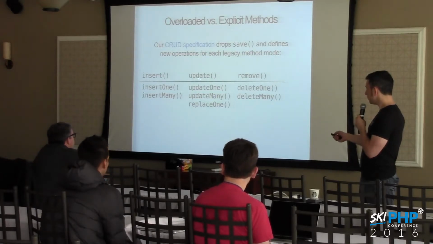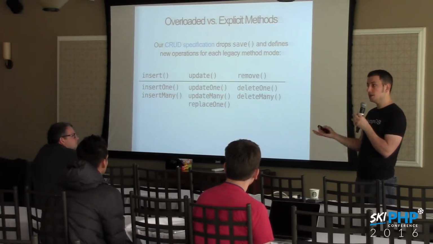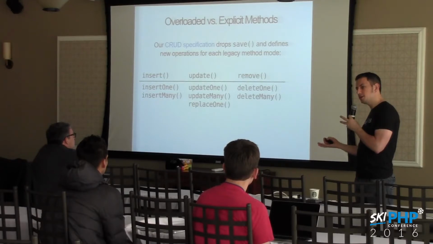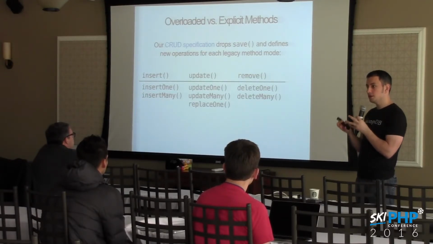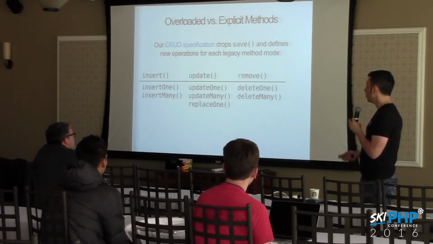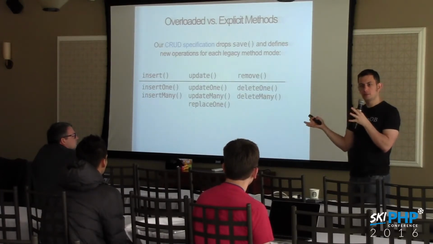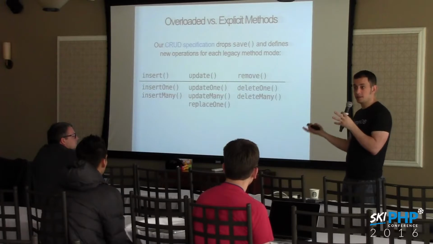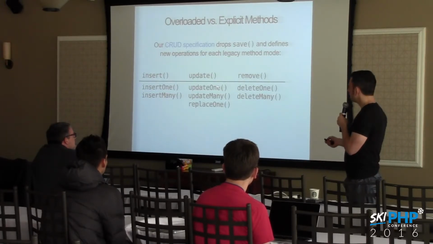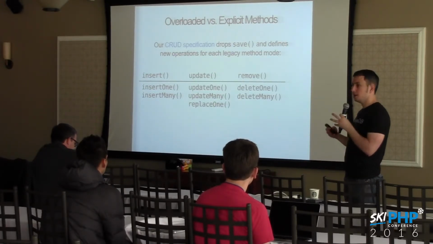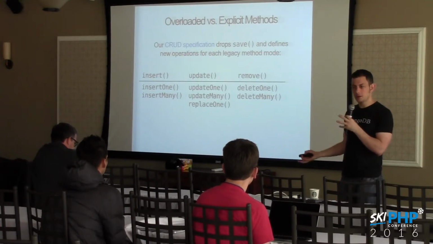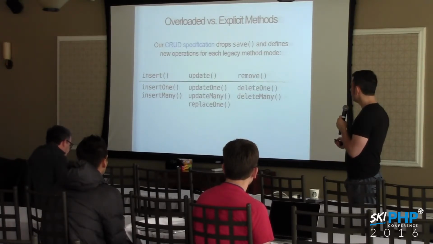Previously you might be looking at a piece of code that just calls update, and you might have to refer based on the options or the argument: am I using atomic operators like $set and $inc, or am I passing in just a flat BSON document? In that case, that's how I know I'm doing a replacement. So having more descriptive method names is, I think, an improvement for self-documenting code. Same thing for remove.